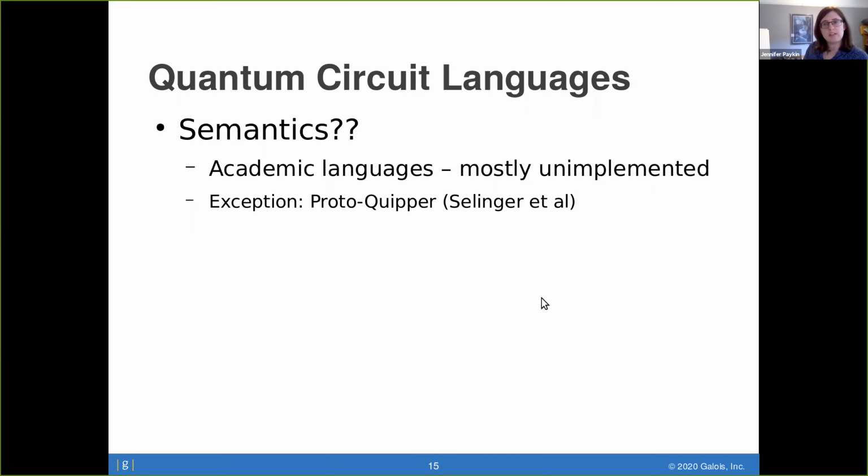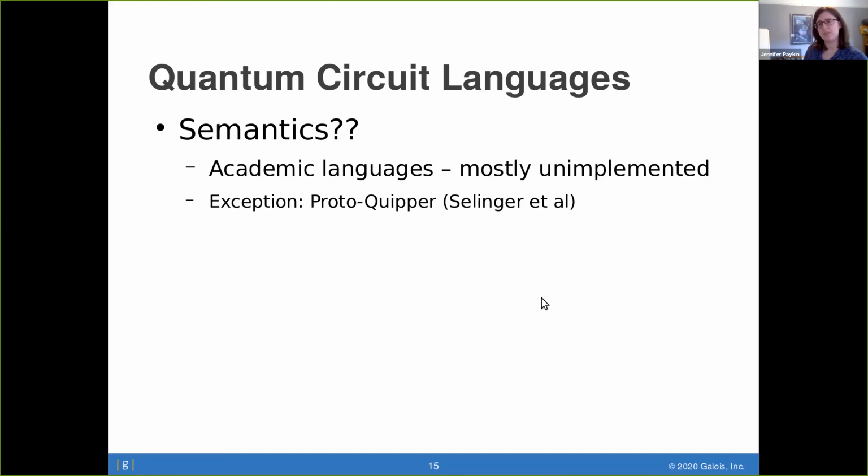Furthermore, on the other side of things, there are a good number of academic quantum programming languages that do have formal semantics, that do describe, here are the language features, and here is what they mean in terms of either density matrices or some other mathematical representation. But these tend not to be implemented in code.